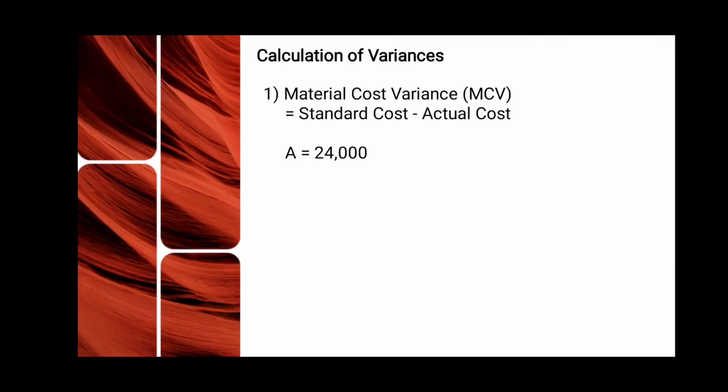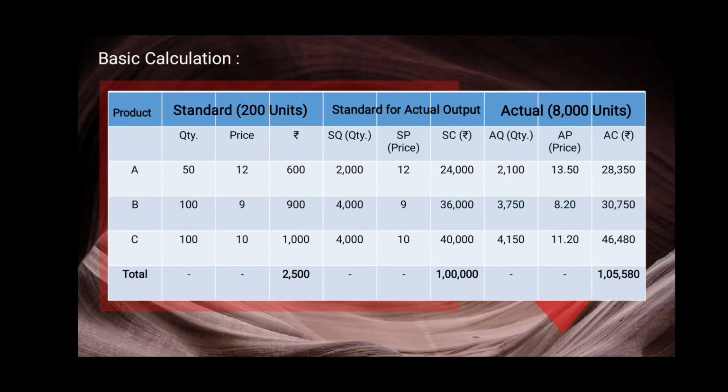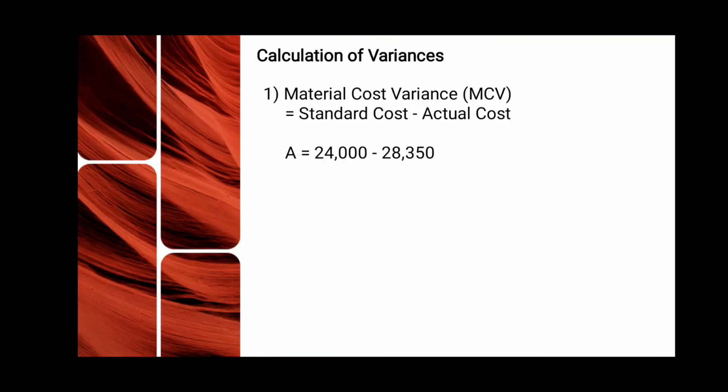So we'll record it minus actual cost. So actual cost amount is 28,350, which will be equal to rupees 4,350. So the amount is negative, which is 4,350. So we'll mark it as A. A means adverse.